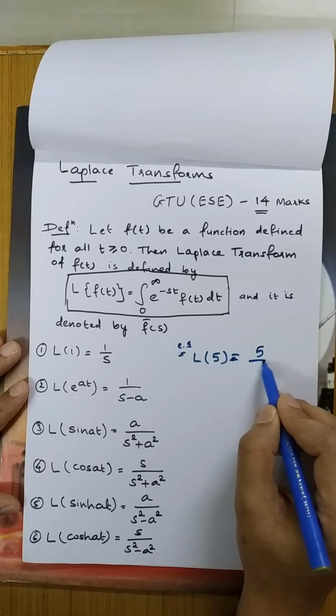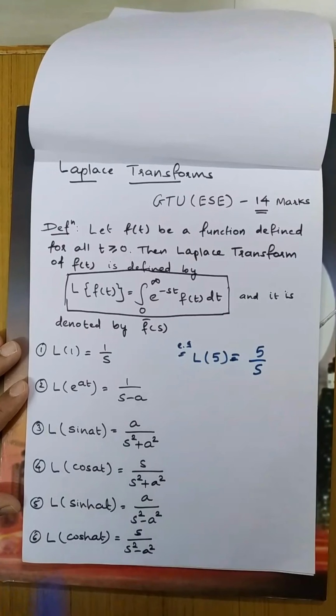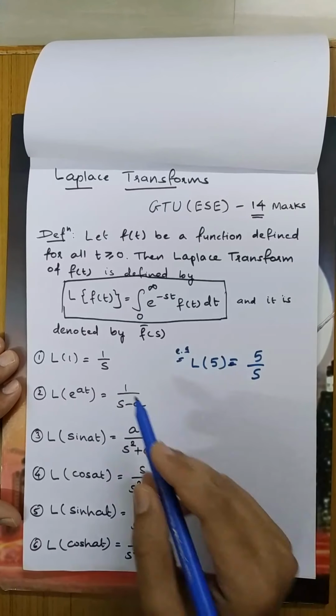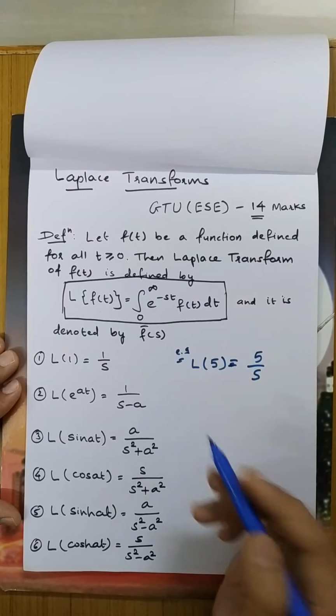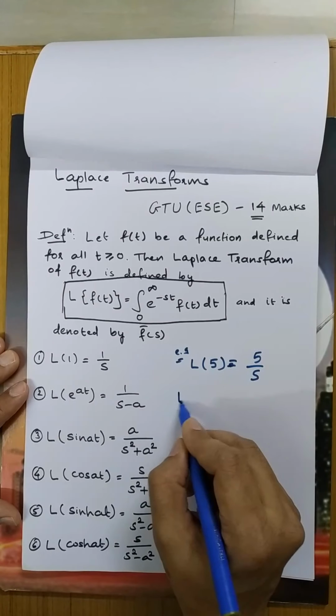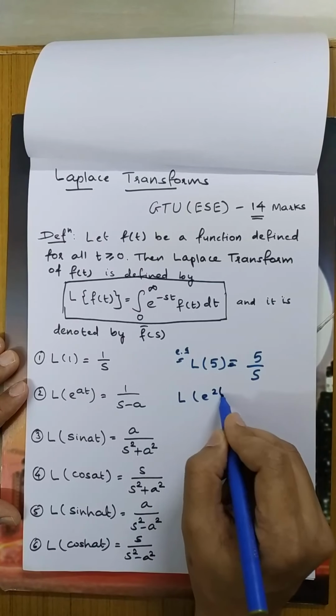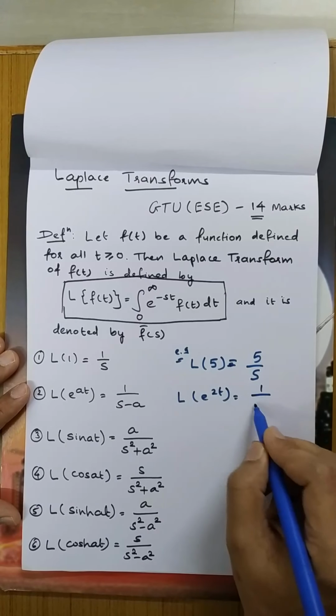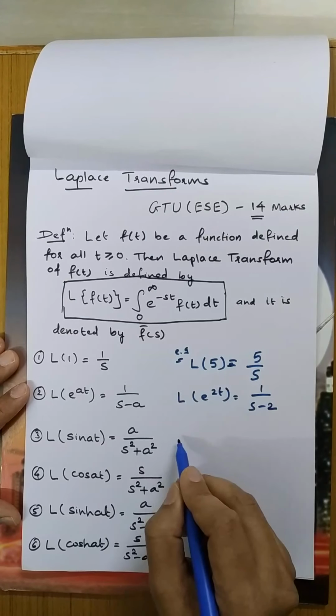So it will be 5 by s. Now Laplace of e raised to at is 1 upon s minus a. So what is the Laplace of e raised to 2t? You can write 1 by s minus 2.